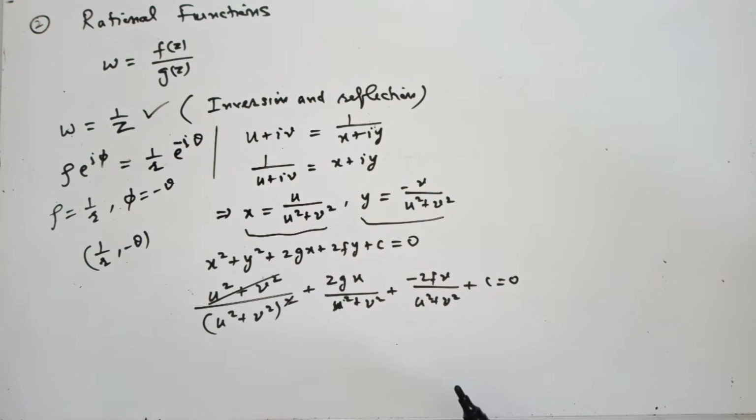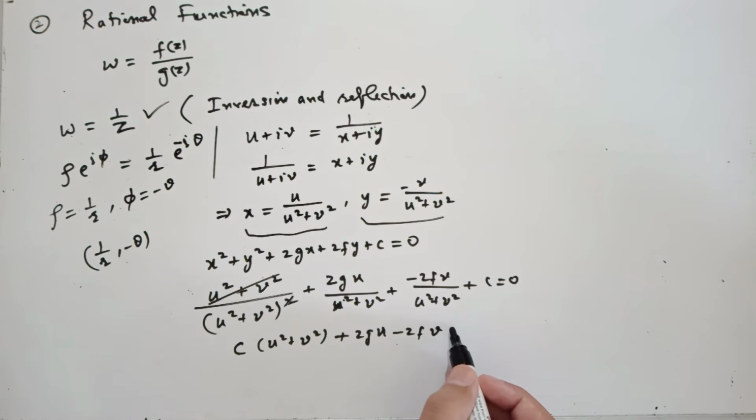One power is cancelled. Then multiply throughout by u square plus v square. What do you get? c times (u square plus v square) plus 2gu minus 2fv equal to 0. Am I right?